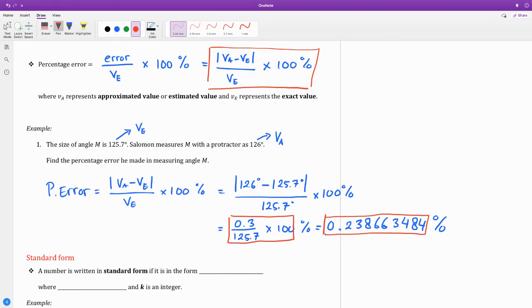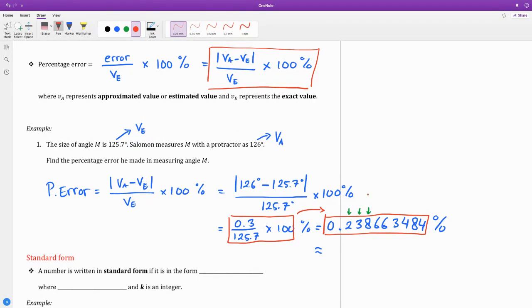So the percentage error that Solomon made is 0.238663484. In IGCSE, you have to round it to 3 significant figures. So 1, 2, 3.